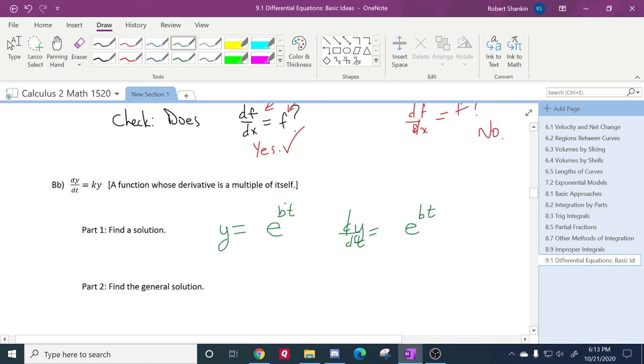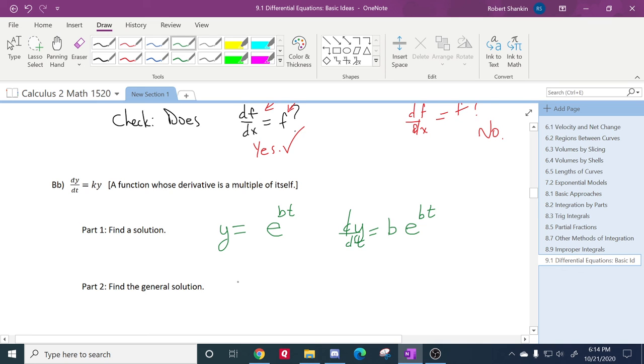And then times the derivative, the chain rule, derivative of bt, which is b, right here. So you're going to get the same thing back, but a multiple of it. So this really does look like it's a solution.